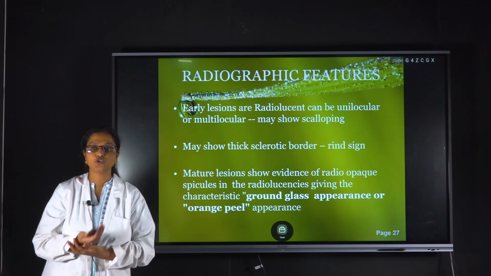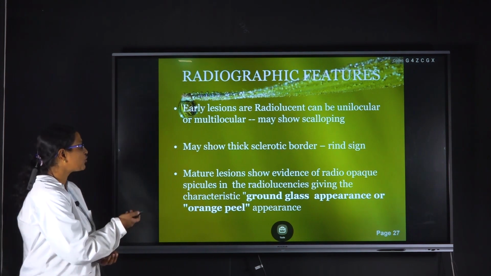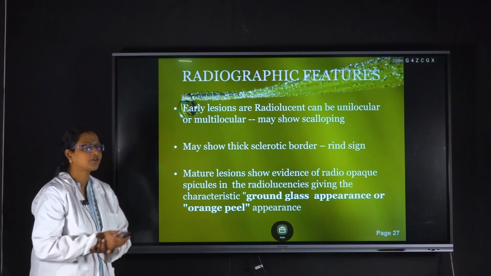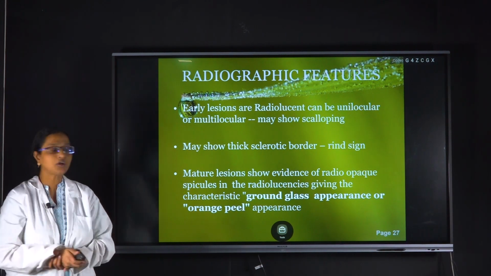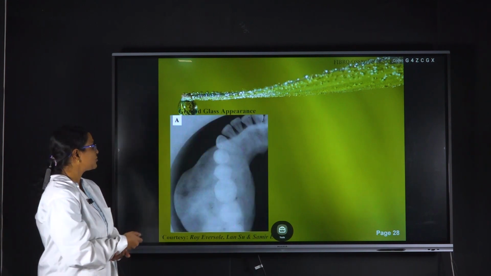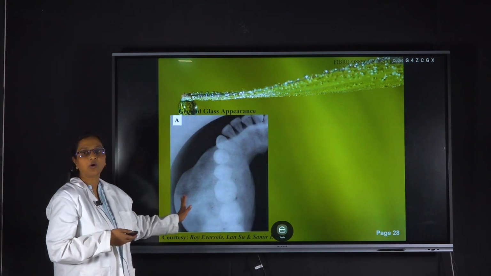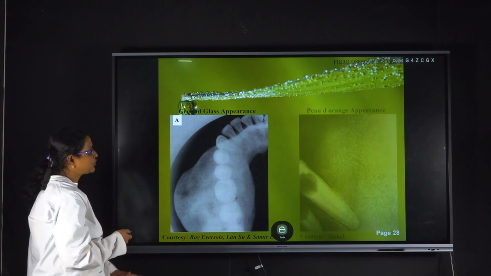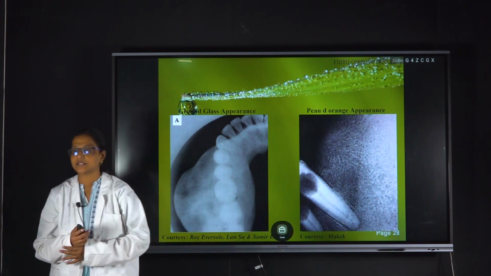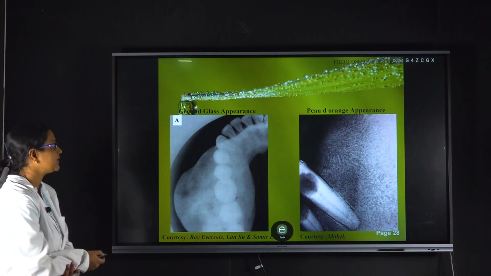But the mature lesions of fibrous dysplasia show radiopaque spicules within the radiolucency, which gives rise to the characteristic ground glass appearance or peau d'orange or orange peel appearance. So this is a radiograph which is showing the ground glass appearance of the bony lesions. This is another radiograph which shows the orange peel appearance, which is classically seen in fibrous dysplasia.